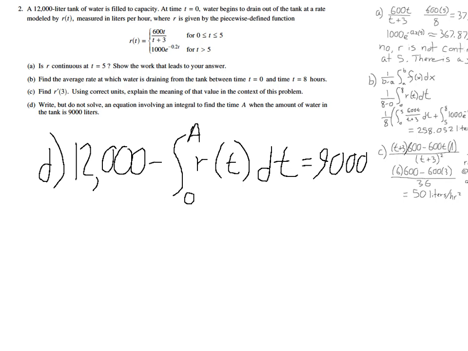I want my initial value, 12,000, minus the amount that drained out, this integral from 0 to A, to equal 9,000. And we really could solve this for A if we wanted to, but they tell us don't, so we won't. And that's number 2 on the 2011 Form B AP Calculus AB exam.